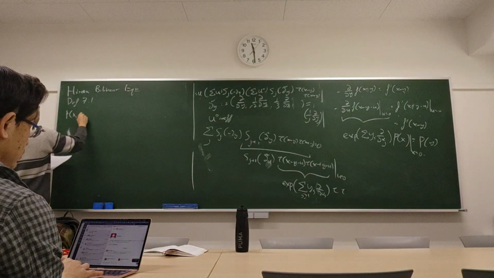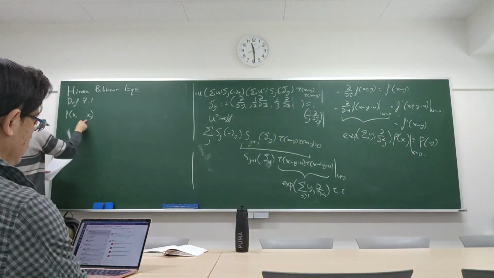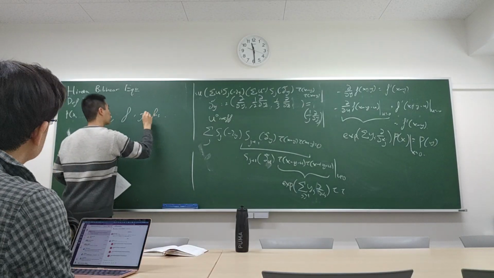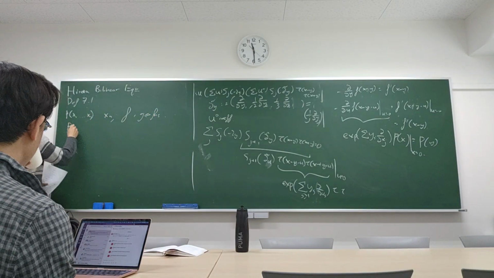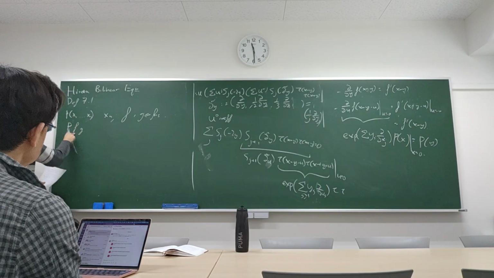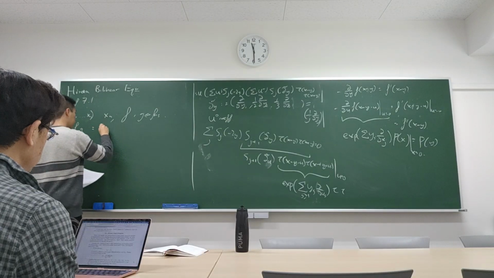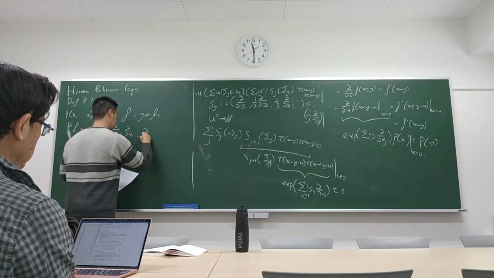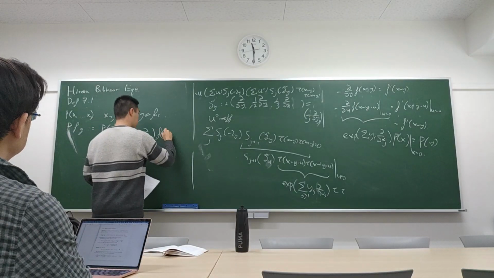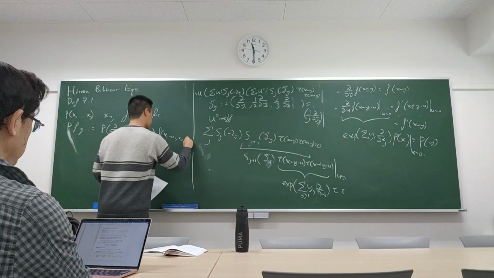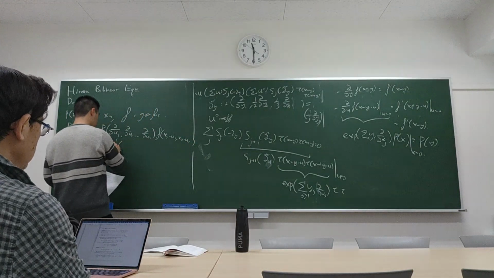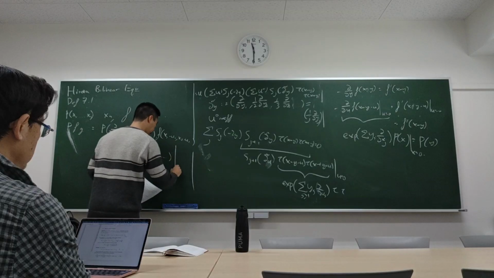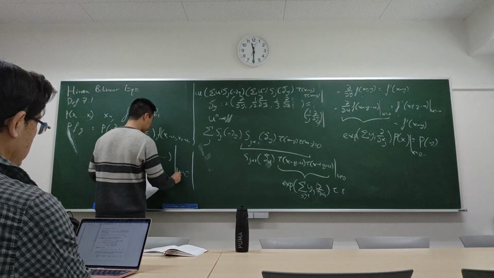If you have some polynomial P in x1, depending on some finite number of x_n's, and then you have some other functions f and g, then in the Hirota bilinear equation notation, P acting on f and g is defined to be P(∂/∂u1, ∂/∂u2, ...) acting on f(x1 minus u1, x2 minus u2, and so on) multiplied by g(x1 plus u1, x2 plus u2, ...) at u equals 0, where this u of course is the whole set of u_i's.